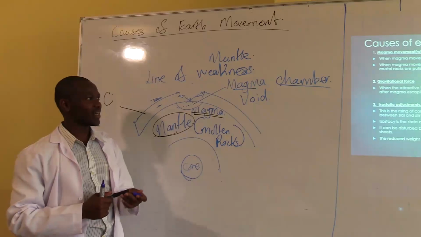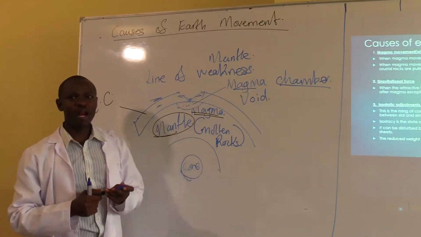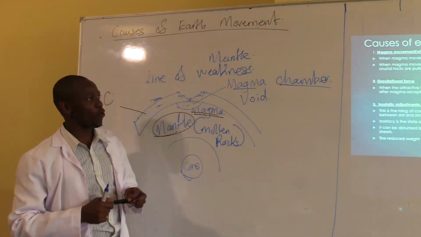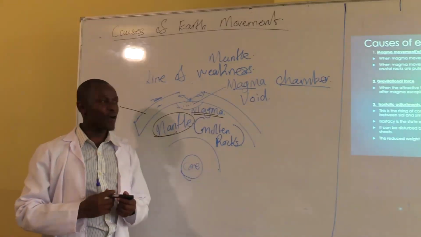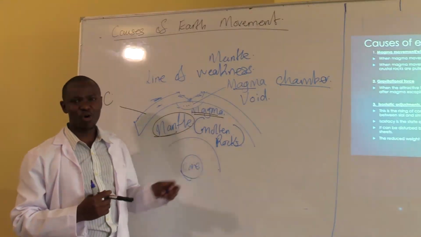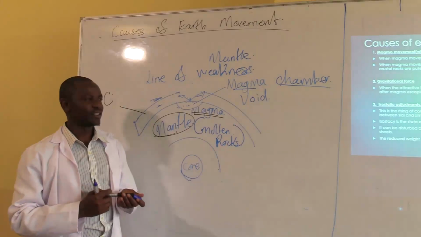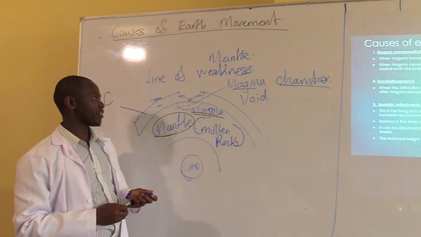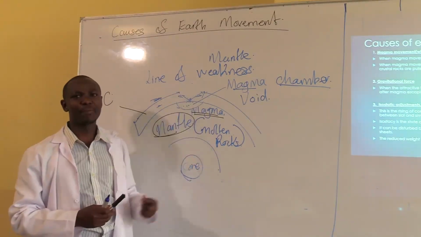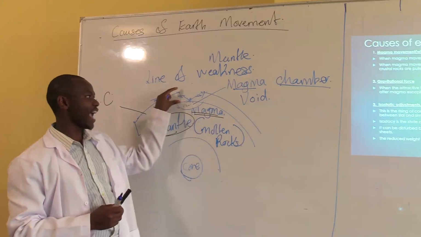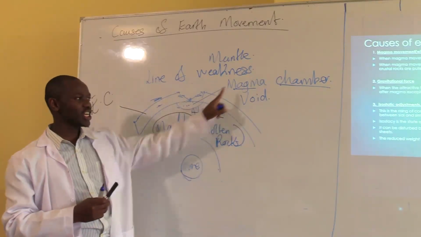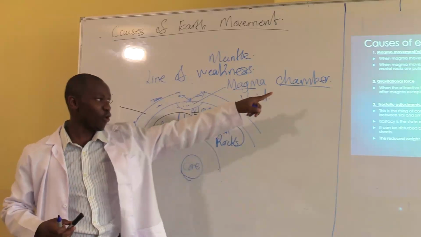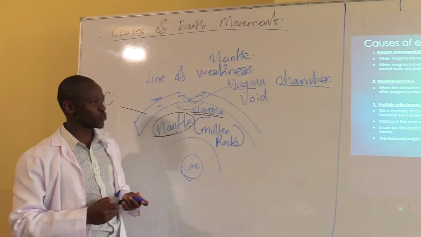If I may ask, between the vertical earth movement and the horizontal earth movement, which type of earth movement is being caused by this factor? It is the vertical earth movement due to that downwarping or the sinking of the earth crust as it occupies the empty magma chamber due to the influence of gravitational force.